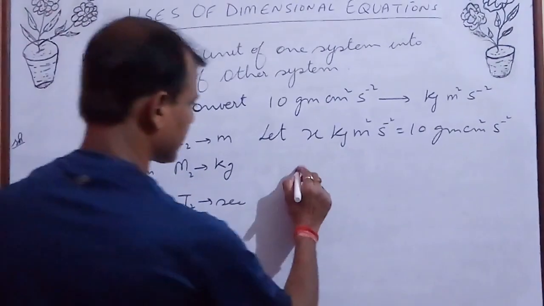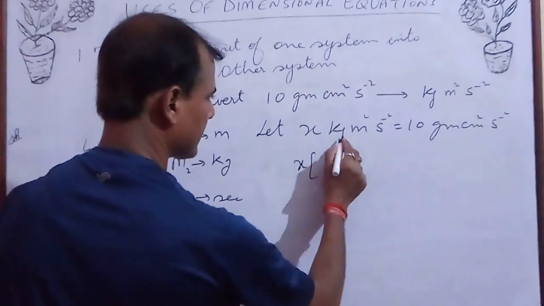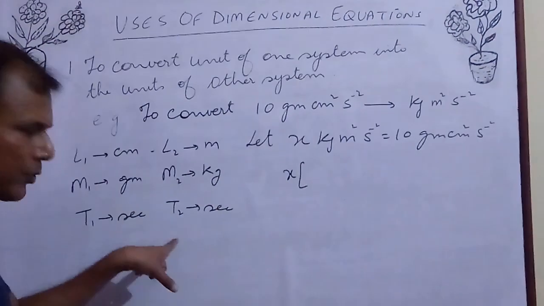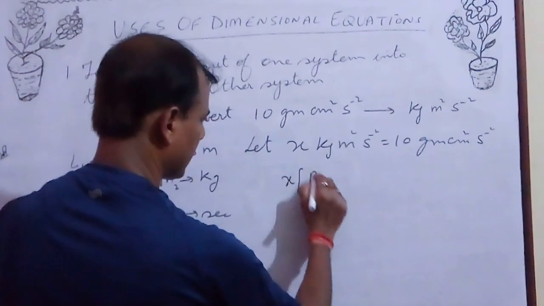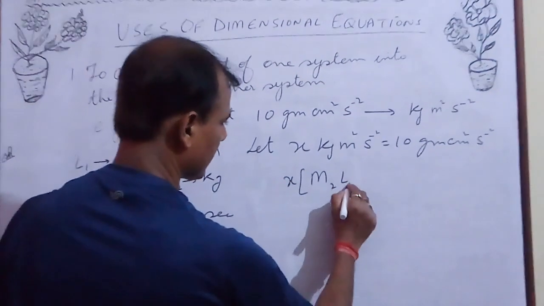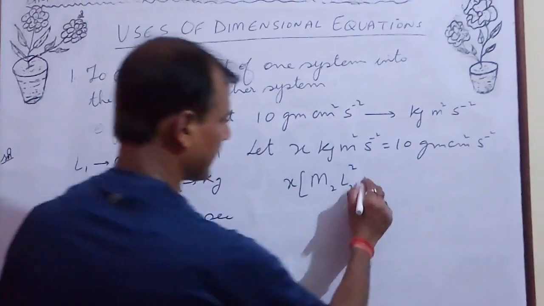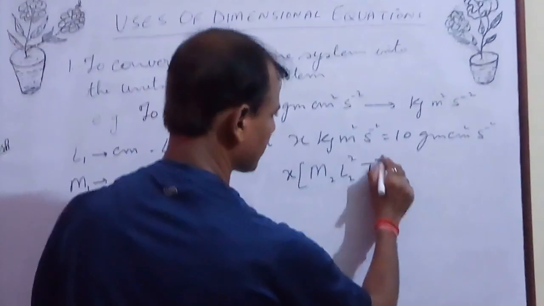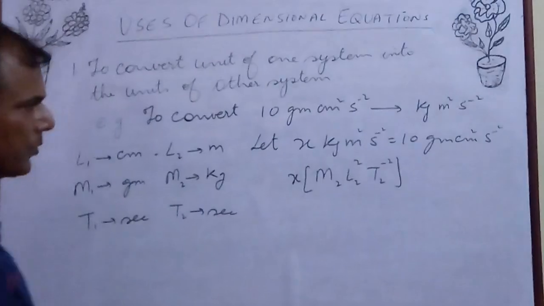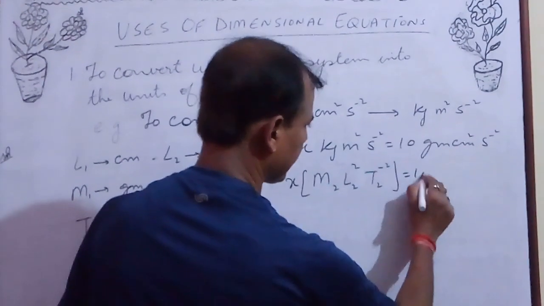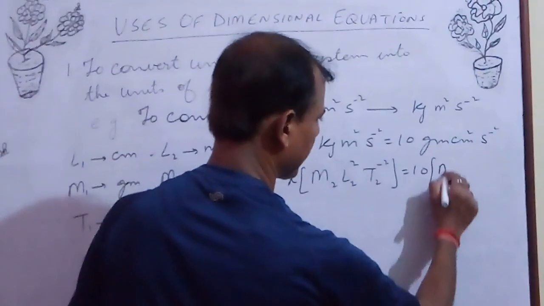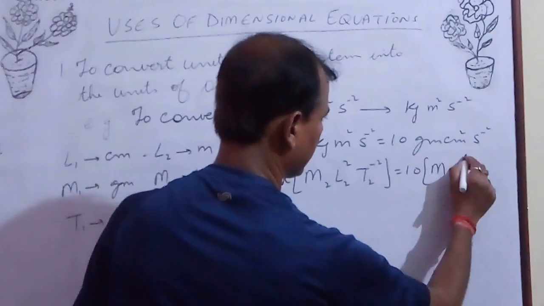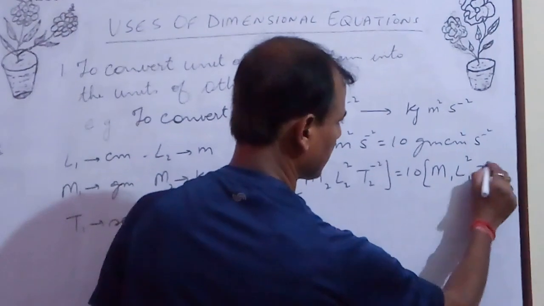So this is x, and this I have taken as M2, L2 to the power 2 and T2 to the power minus 2, equal to 10, similarly this is M1, L1 to the power 2, T1 to the power minus 2.